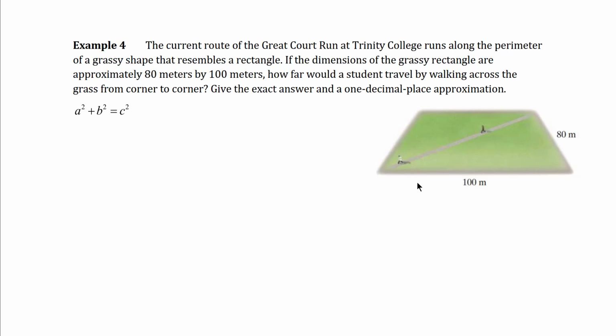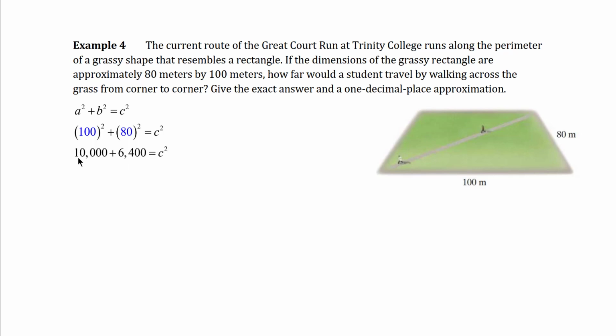Next, we just substitute our values of 100 in for a and 80 for b into the Pythagorean theorem. So we get 100 squared plus 80 squared equals c squared. Next, we simplify. 100 squared is 10,000, 80 squared is 6,400, so we have 10,000 plus 6,400 equals c squared.